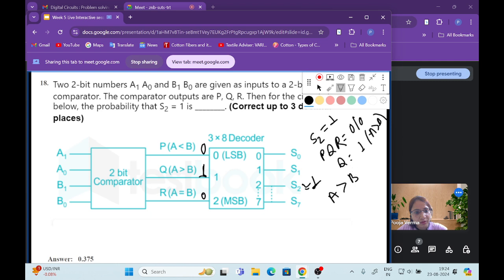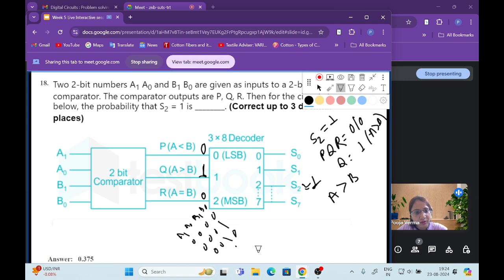So first thing, you can make a truth table. From there you can find out at which places A will be greater than B. So here 4 inputs are there. So you will get 0, 0, 0, 0, 0, 0, 0, 1, 0, 0, 1, 0. Here you can write A1, A0, B1, B0.